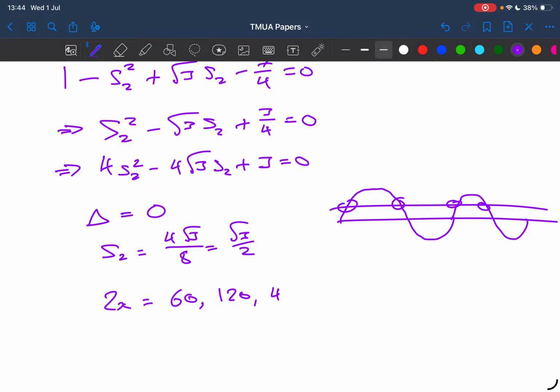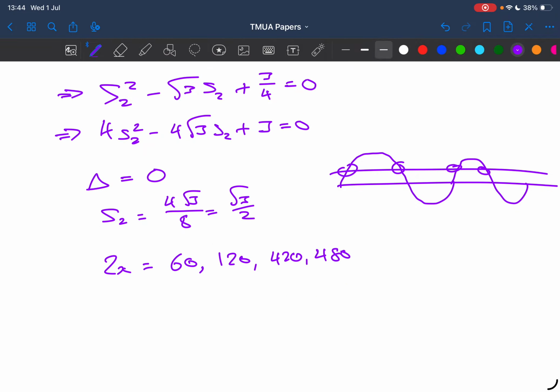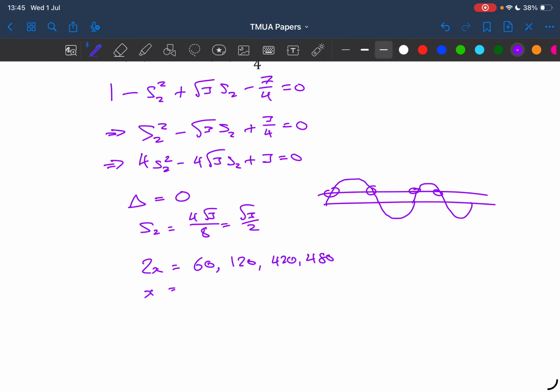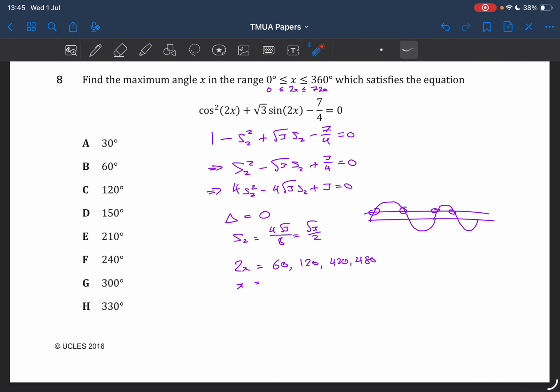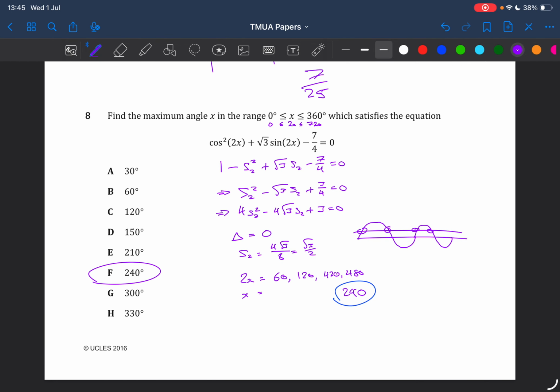Add 360 to both of those: 420 and 480. But we want the values for x, and we just wanted the largest one, didn't we? Maximum angle. Yeah, so that maximum one goes down to 240 degrees. And I think F for number 8. Lovely jubbly.